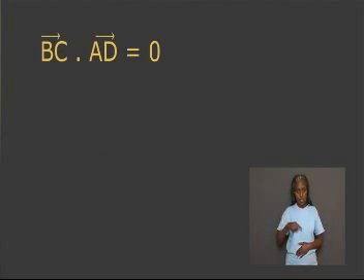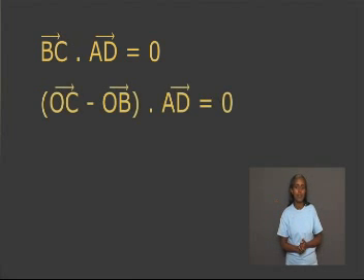Our hypothesis states that BC and AD are perpendicular, so their dot product is 0. Therefore, we can deduce that the dot product of AD and the difference between OC and OB is 0.